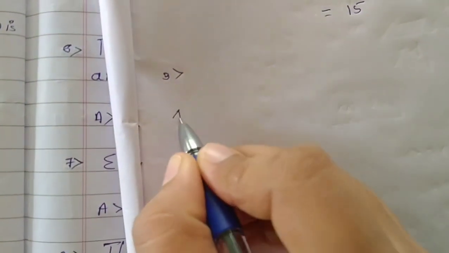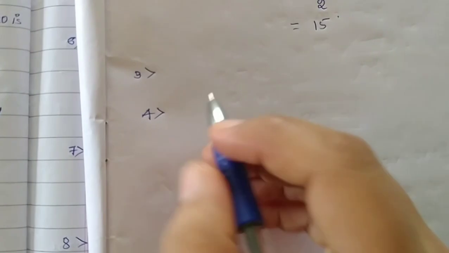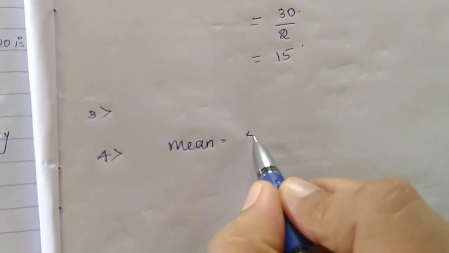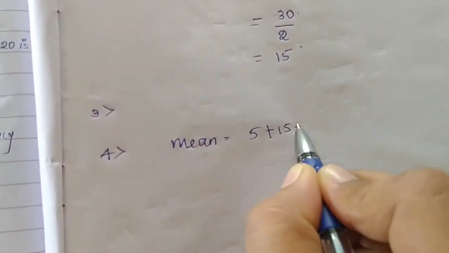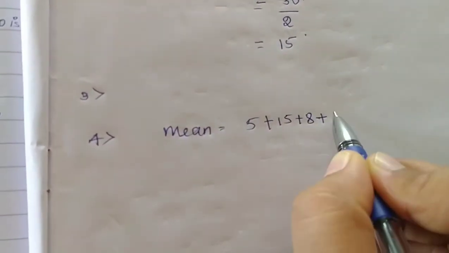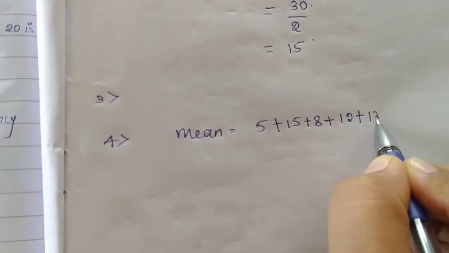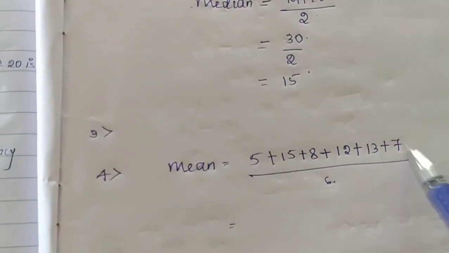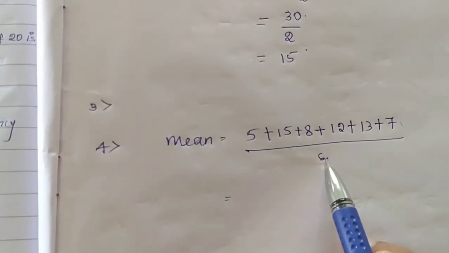Mean is equal to the sum of all the observations, that is 5 plus 15 plus 8 plus 12 plus 13 plus 7, divided by 6, as we know that the total number of observations is 6 over here.